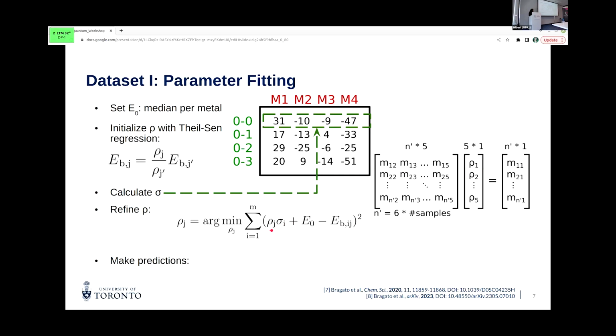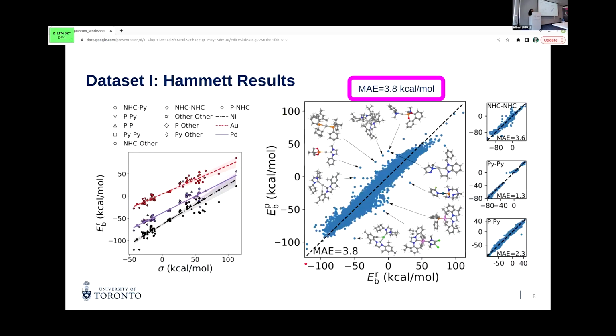So here you have your prediction, rho times sigma plus your E0, the reference, and here you have the true value. After refining rho, you can do the predictions same as before, rho times sigma plus E0. So here are the results.